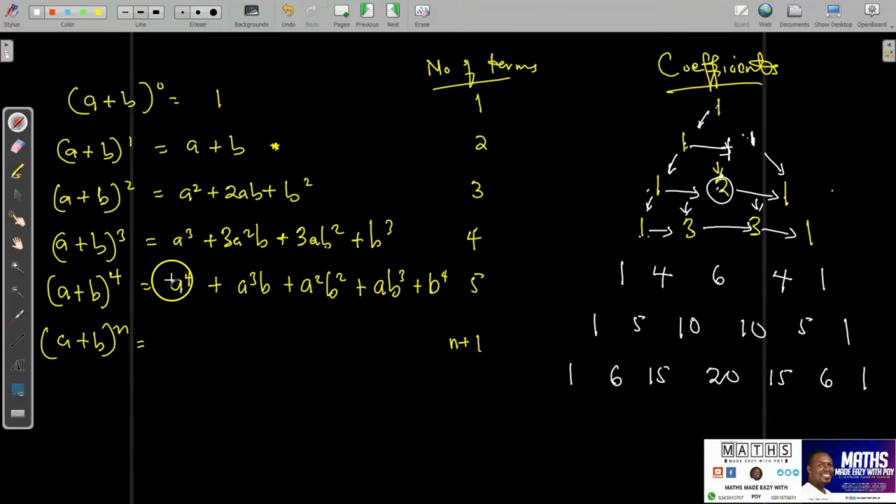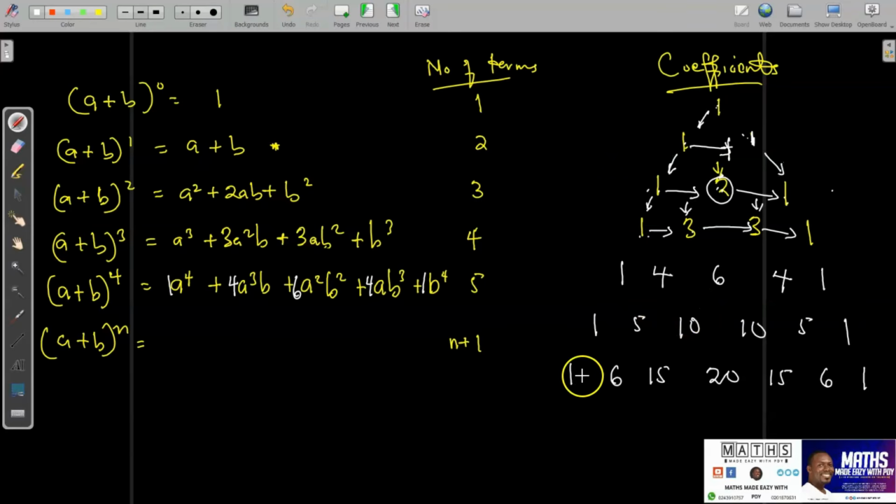The coefficient of the first term, a to the power 4, will be 1. But for a cube b, what will be the coefficient? 4. Then the next term, a squared b squared, what will be the coefficient? 6. Then a b cube, what will be the coefficient? 4. Then finally, the coefficient for b to the power 4 will be what? 1.